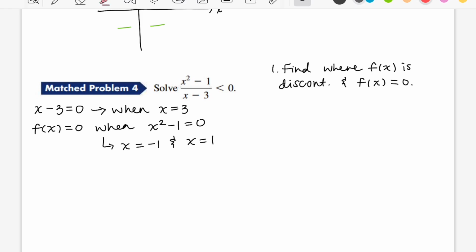Okay, so these numbers here are called our partition numbers, and we're essentially breaking up our number line into intervals based off of these partition numbers. So that leads us to our second step here, determine our intervals.